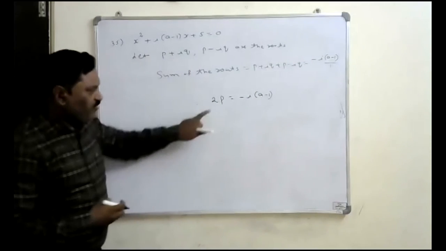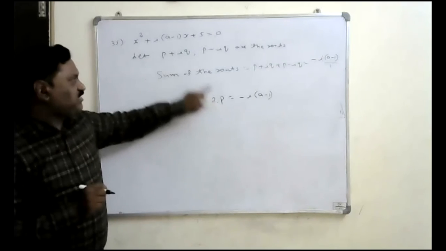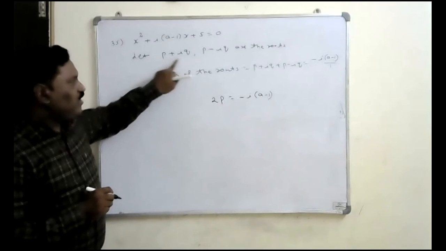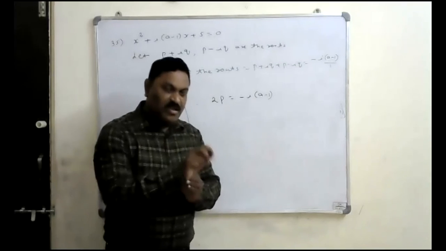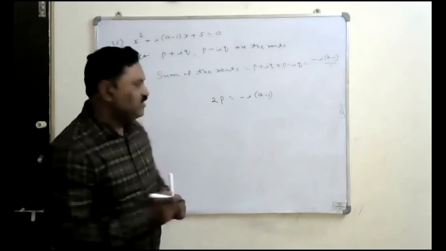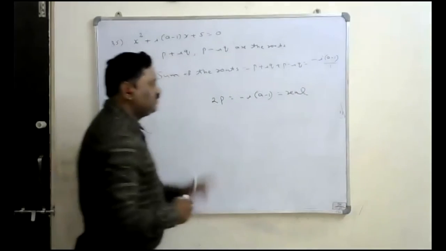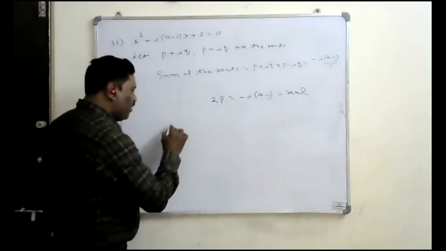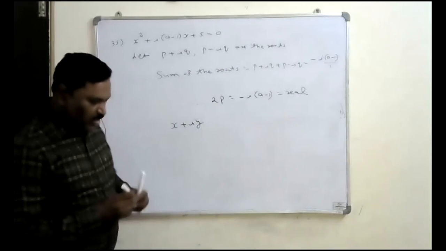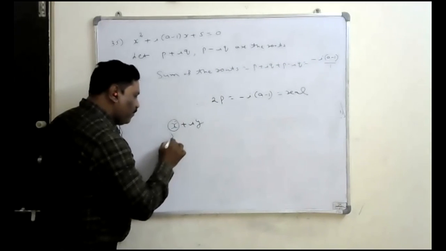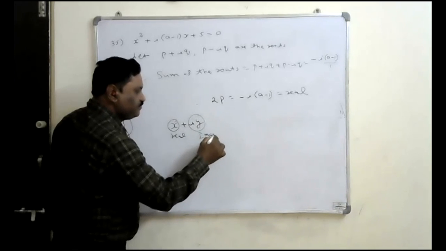But if you observe, 2p is the real part of the complex number, where p is the real part and q is the imaginary part. If an i term is there, that is imaginary; if an i term is not there, that is real. That's why here 2p is real. Generally a complex number is in the format x plus iy, in which x is called the real part and iy is called the imaginary part.